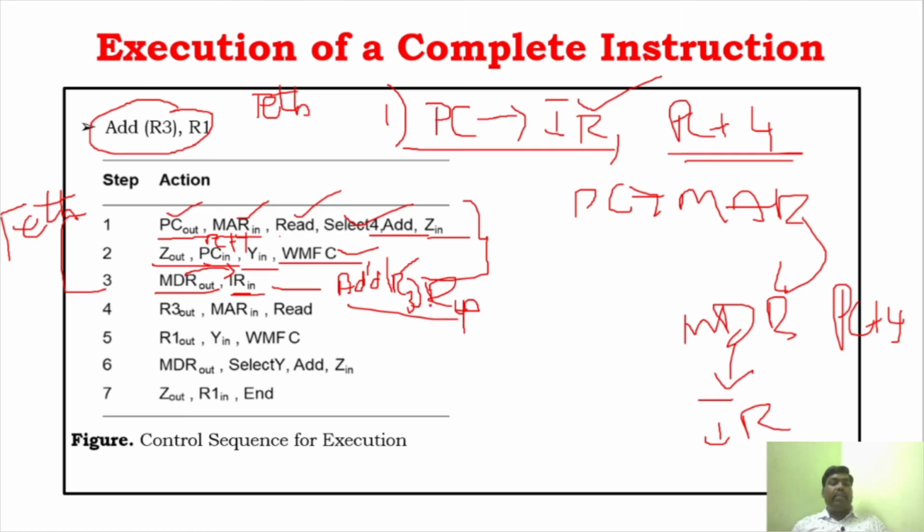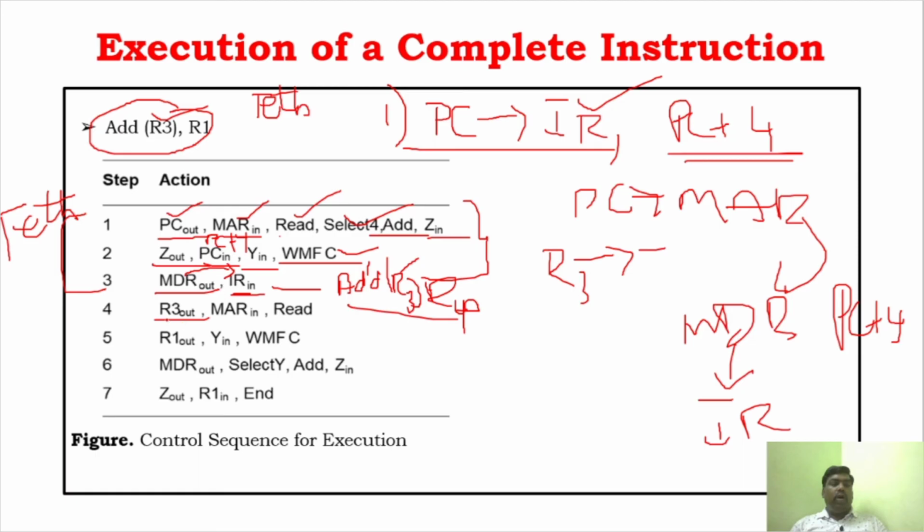So now what will happen? You can see here, once again it has to fetch the data. The first phase was fetching the instruction. Now it is going to fetch the data. You can see here R3 out. The content of R3 has to be added with the content of R1. So the content of R3 must be sent out to the internal bus.